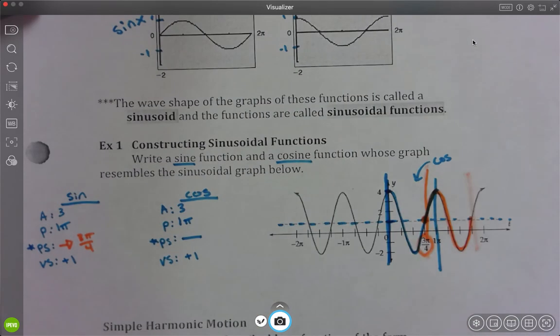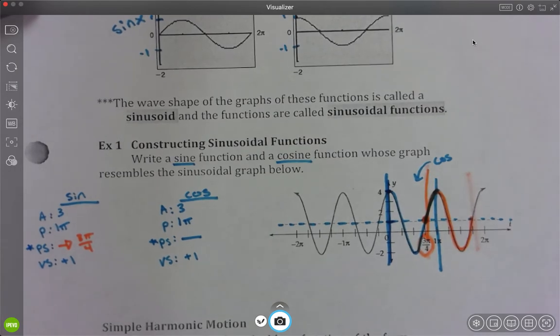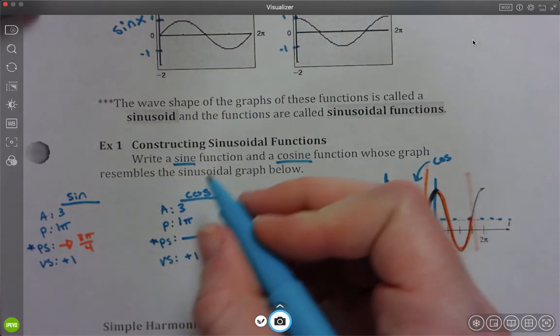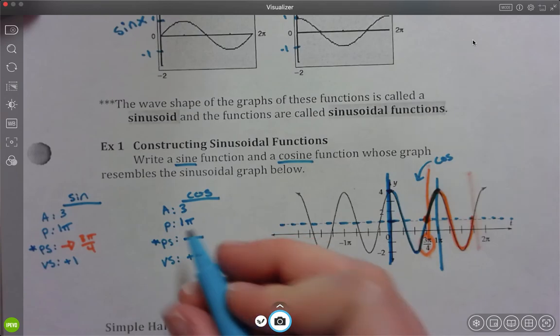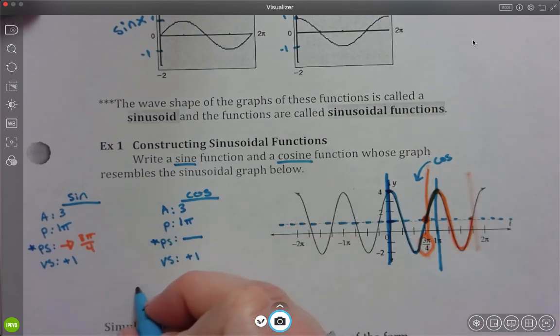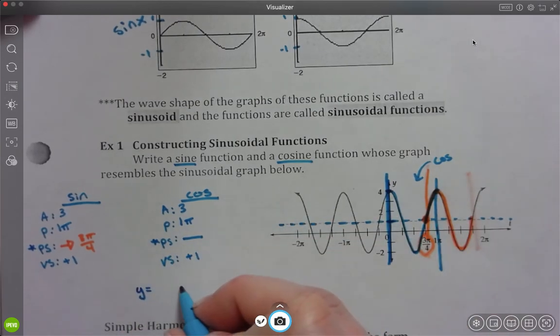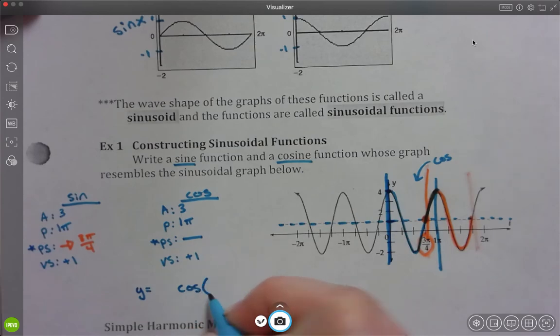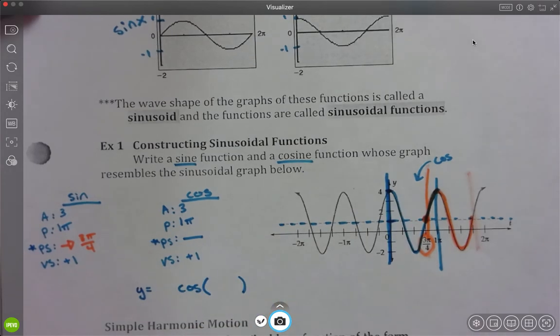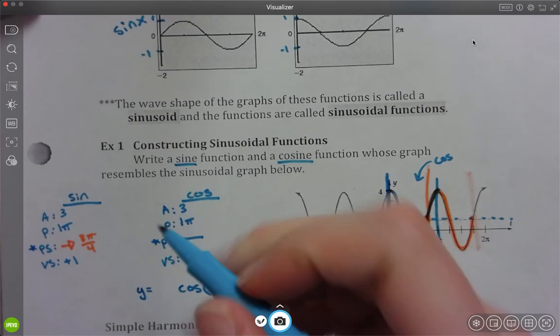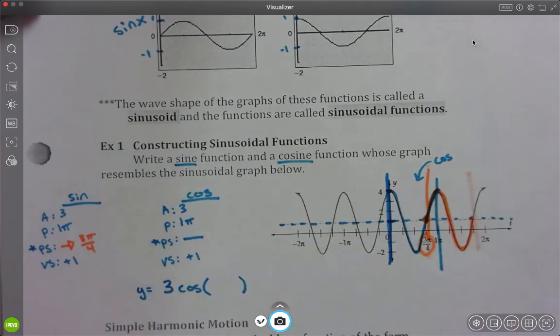All right, now when we put these into the equation, there's a little more work to do. I'm going to start with the cosine function because it doesn't have a phase shift. So y equals, I know I'm going to have cosine in there and some parentheses and some other stuff. My amplitude goes out in front, which is 3. My vertical shift is going to be +1.